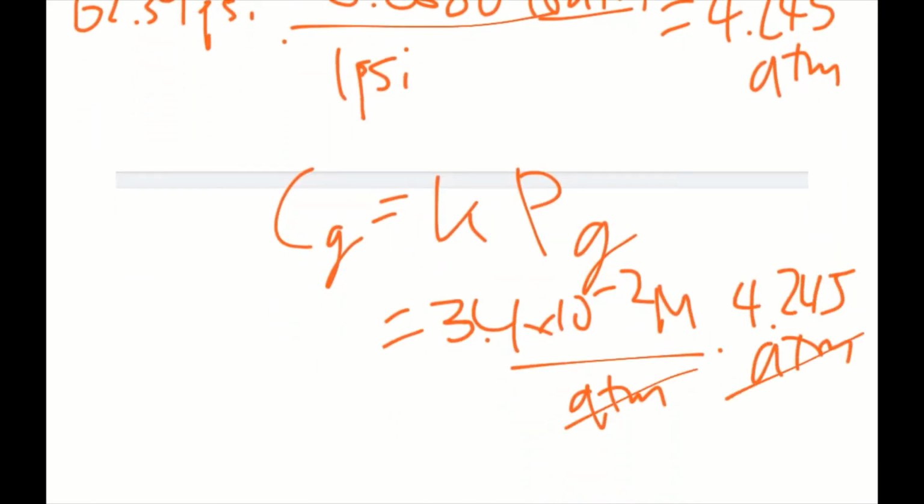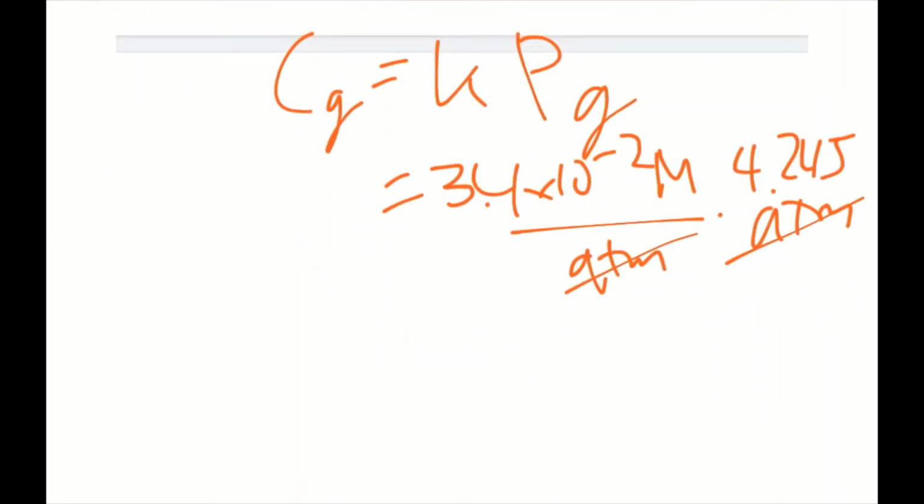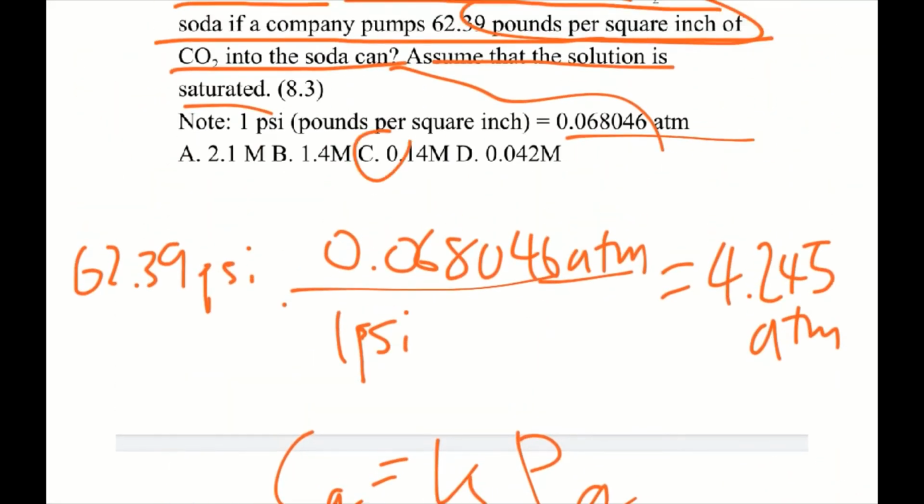And the ATMs cancel out, and we're left with 3.4 times 10 to the negative 2 times 4.245, and we get that the concentration of carbon dioxide in the water at 4.245 atmospheres is going to be 0.144, well actually it's going to have 2 sig figs, so 0.14 molar, and that turns out to be C.